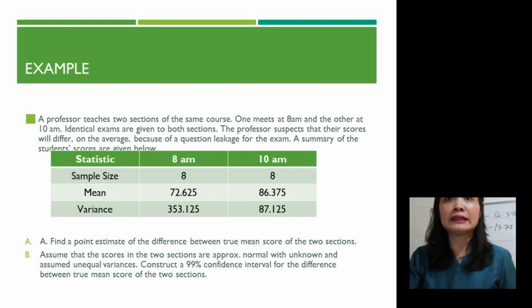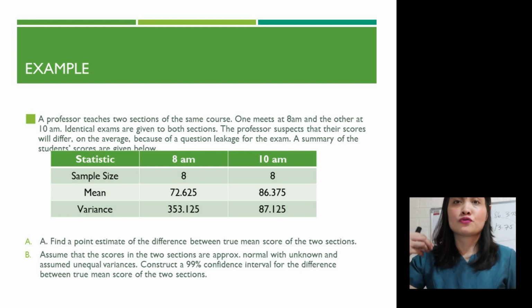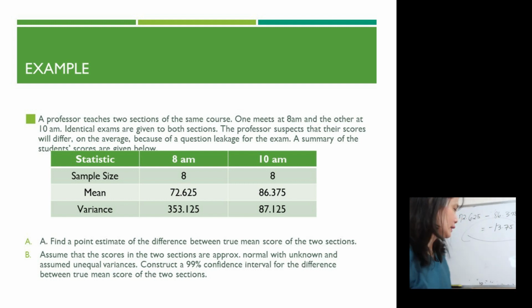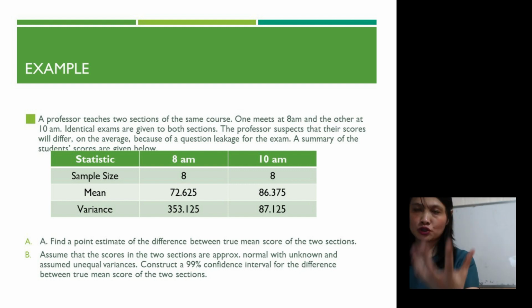So how do we construct the 99% confidence interval for this particular problem, with the condition that the variances are unknown and assumed unequal? How do we solve for that?